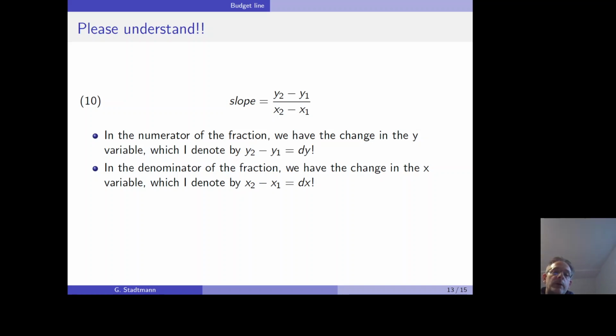It is very important that you understand this relationship in case you want to use this formula. So the slope is given by either y2 minus y1, which is the change in the y variable, or x2 minus x1, which is the change in the x variable.